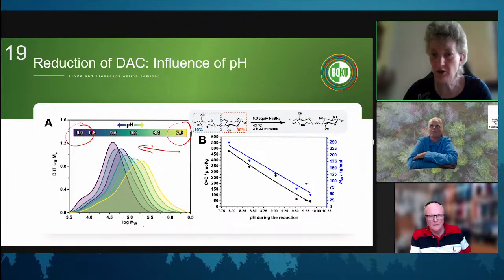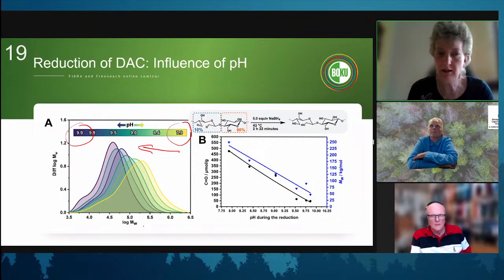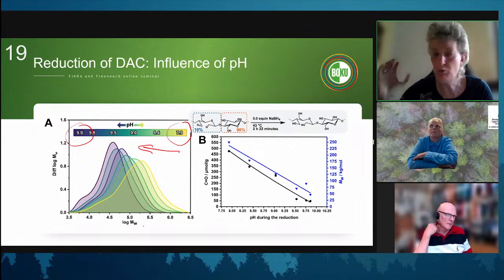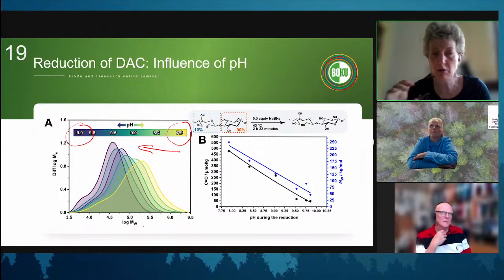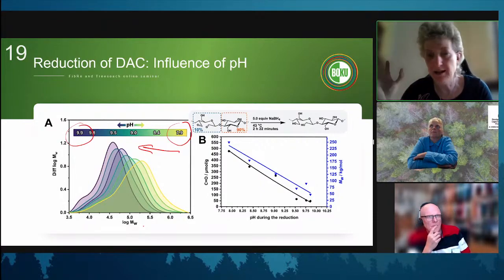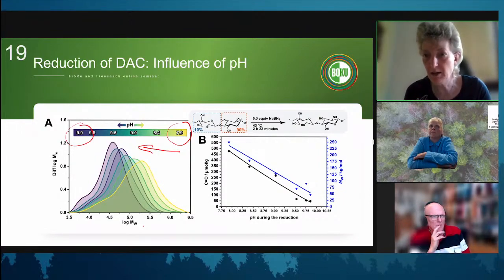If your oxidation occurs at the ends of your chain, reducing end or even non-reducing end, you bring it under alkaline conditions, you do beta elimination, but you split off like 1, 2 anhydroglucose units, maybe 5, 10, and your molar mass is more or less stable within the limits we can measure.